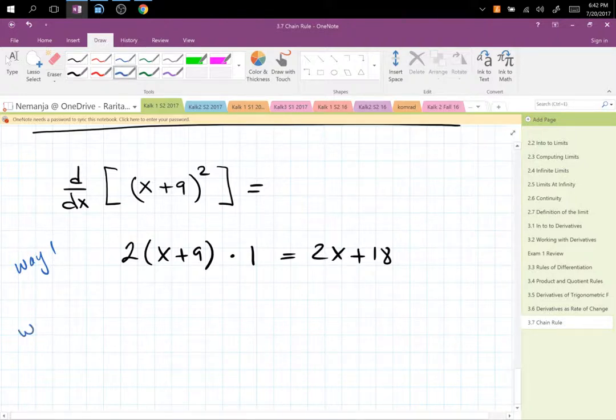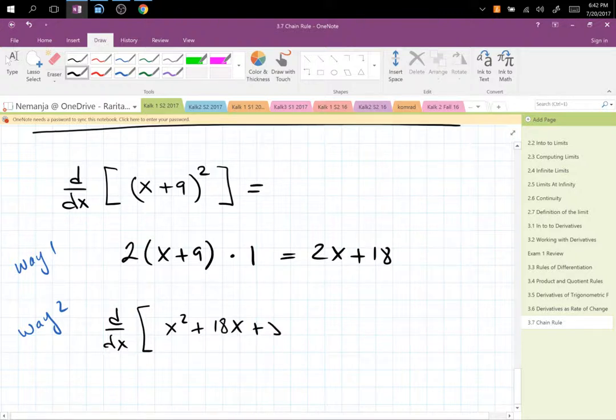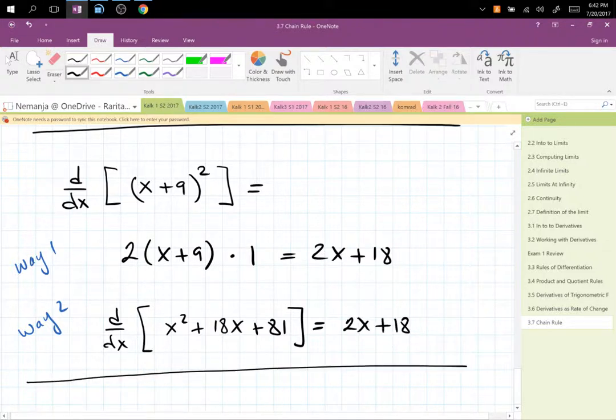Okay, way 2. We FOIL. And then when we take the derivative, what do we get? So you see that in some cases you can use the old way.